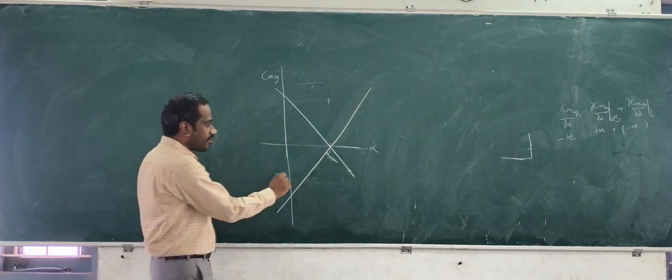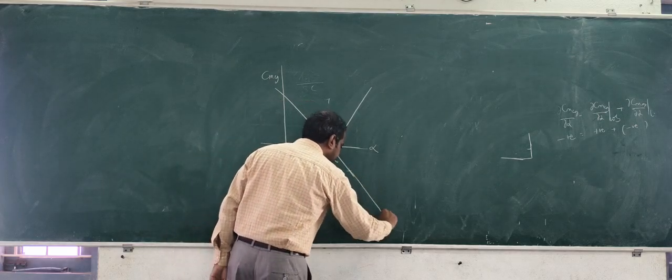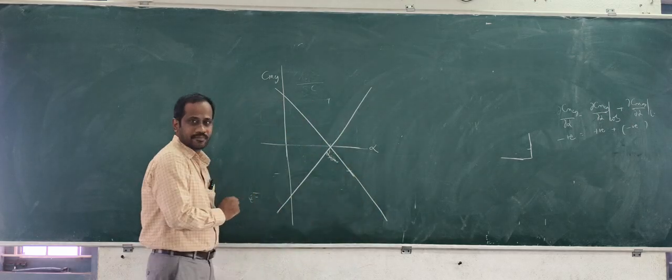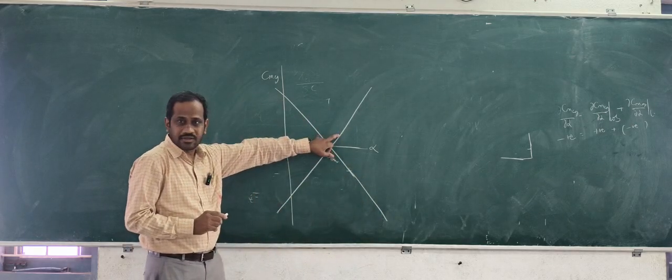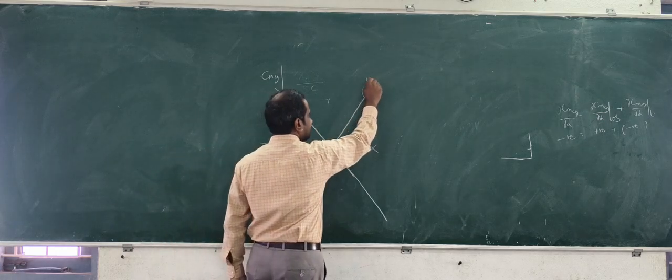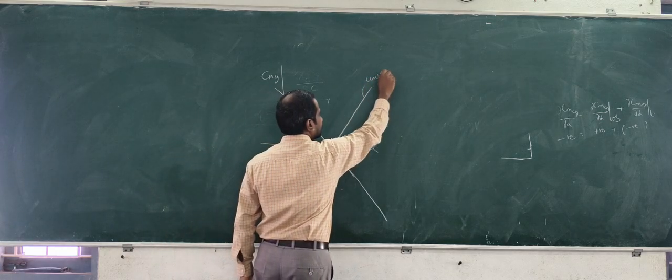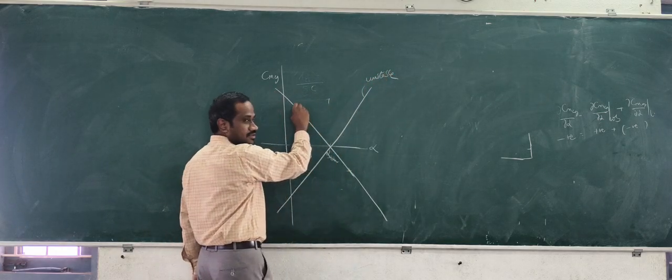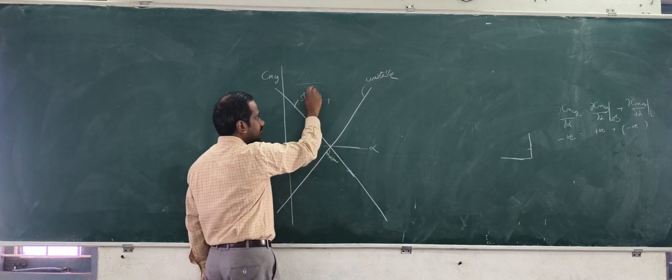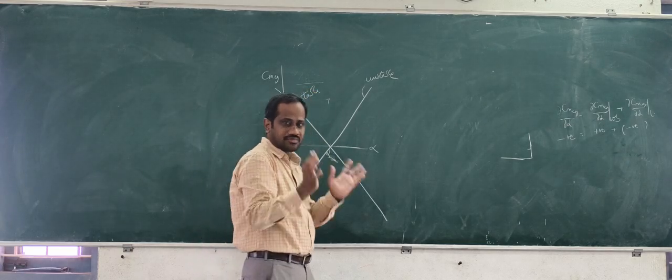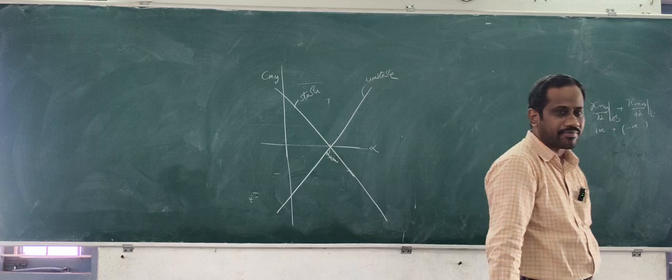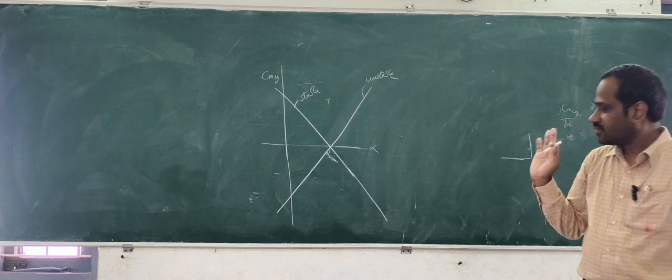If you find this behavior, what is a stable aeroplane? What is an unstable aeroplane? This is unstable. Why? This is stable. Longitudinally stable or longitudinally unstable. Is it understood now?